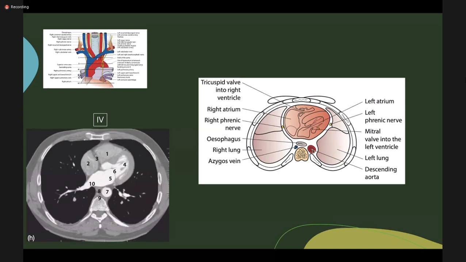I don't see any more ascending aorta because that is done. Now I can see only the descending aorta, because the ascending aorta becomes the arch. The arch was giving 3 major branches and then it descends down. So what you should not forget is that the big arterial vessels are more on the left side and veins are more on the right side.